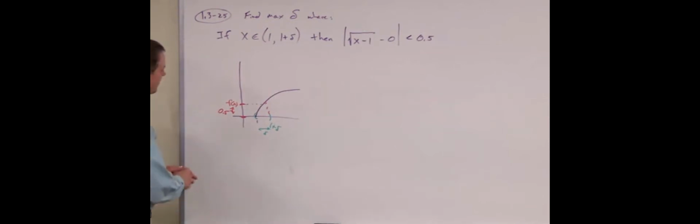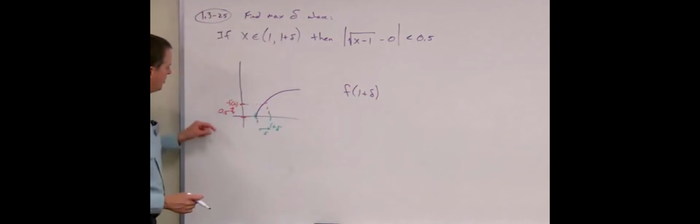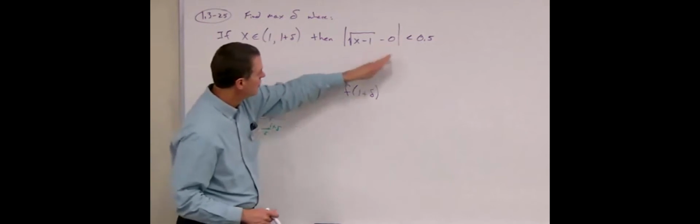So we want to find this number there as an x value distance, so that when I evaluate that up here at the function, the distance up from the x-axis is no more than 0.5. So I want f of 1 plus delta minus 0 to be less than 0.5.